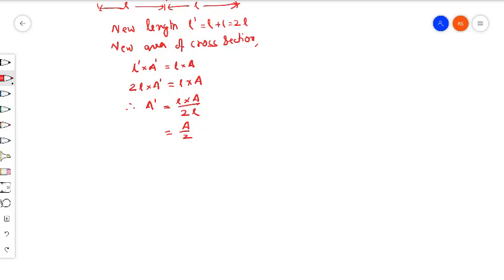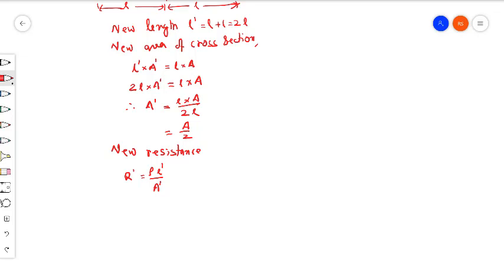Then the new resistance R prime is equal to rho L prime divided by A prime. Rho is the resistivity, or we call it specific resistance. Rho does not change.